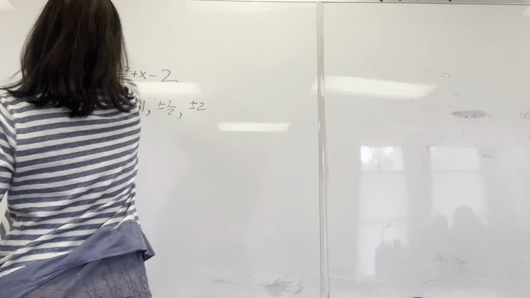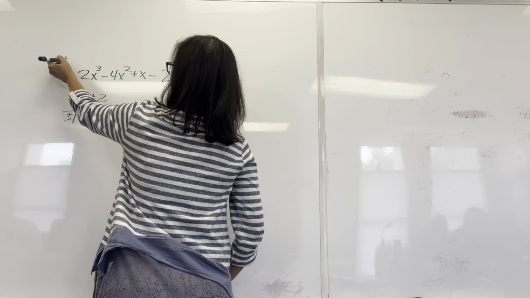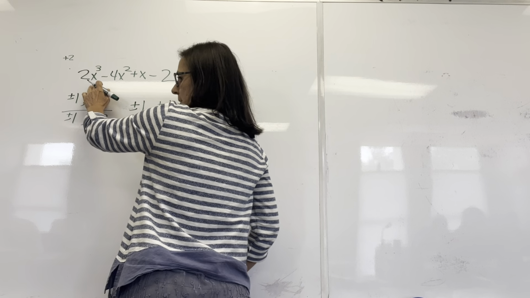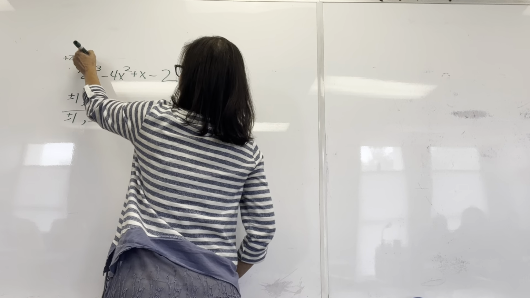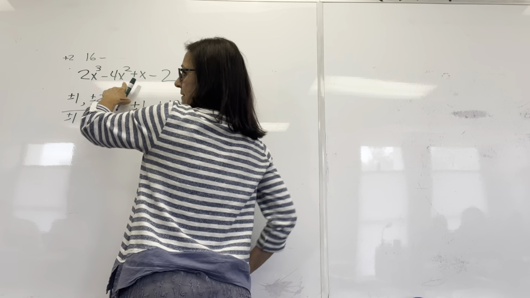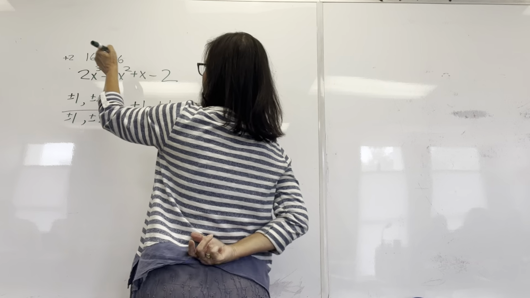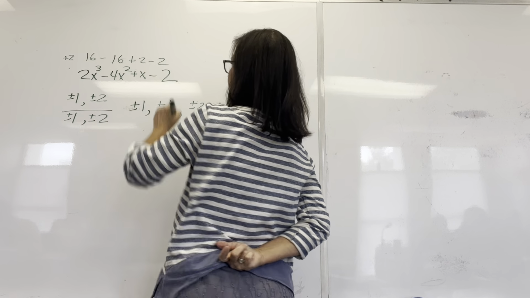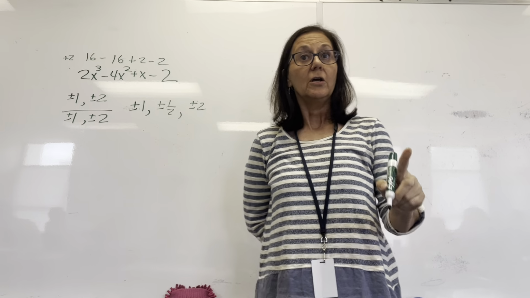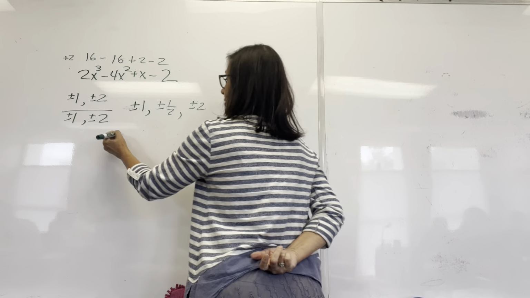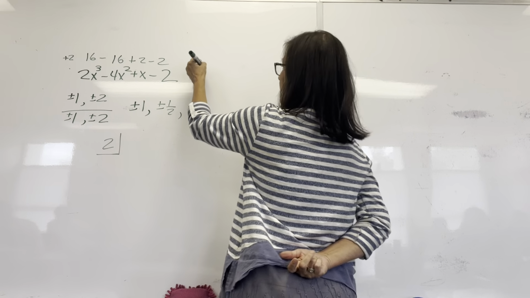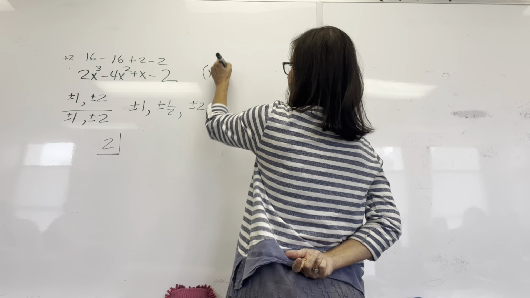Okay, let's try positive 2. That's 16, that's 8. No, 4 times 4 is 16. Oh, it's going to work. Plus 2, minus 2, right? Positive 2 works. So we know one factor is x minus 2.